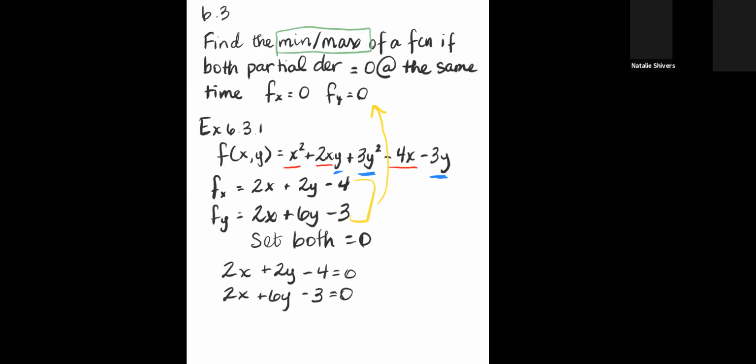But traditionally, when we take algebra courses, we move these two pieces right here to the other side. So I'm actually going to worry about 2x plus 2y, I'm going to add 4, and 2x plus 6y, and I'm going to add 3.